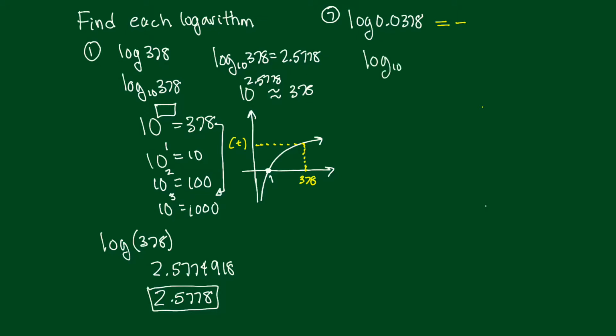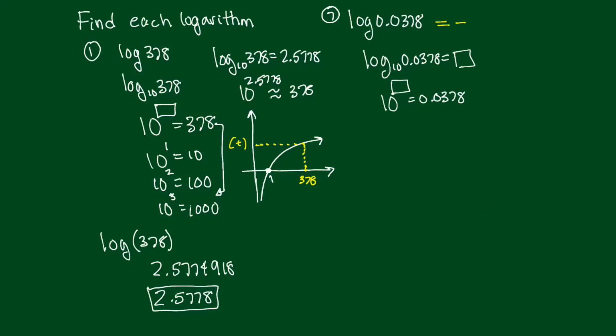The log base 10 of 0.0378 is some number, and this number is the exponent we're going to put on 10. So we're thinking, okay, 10 to what number is going to give us 0.0378?